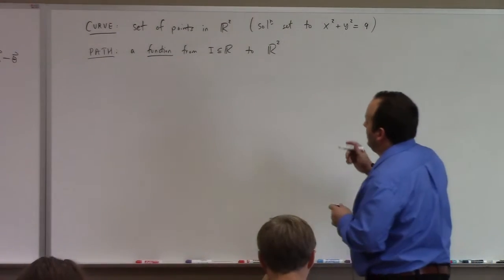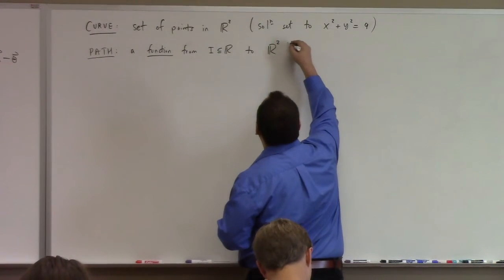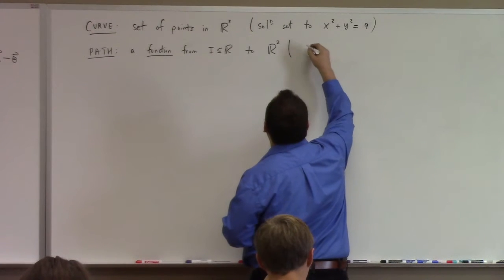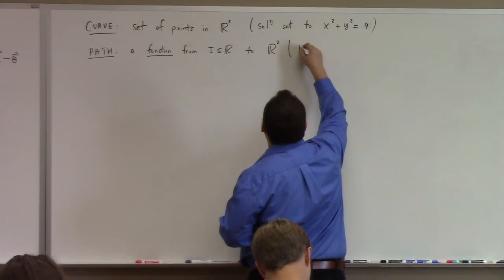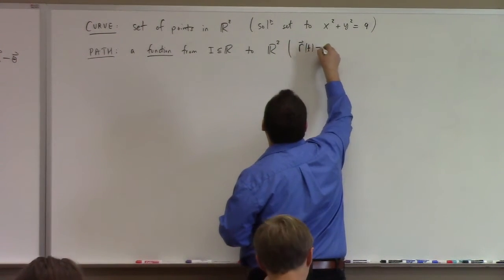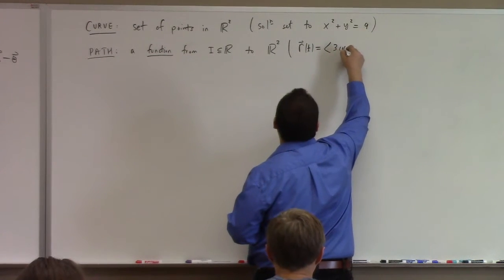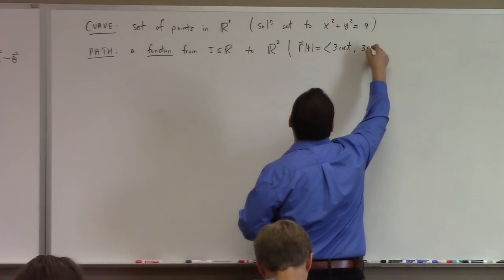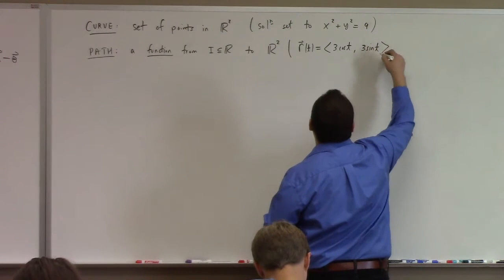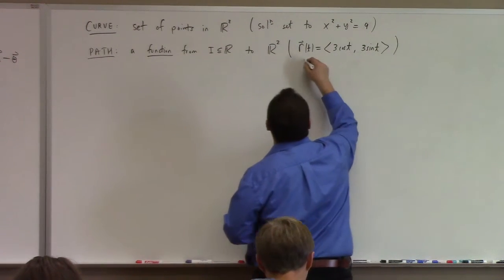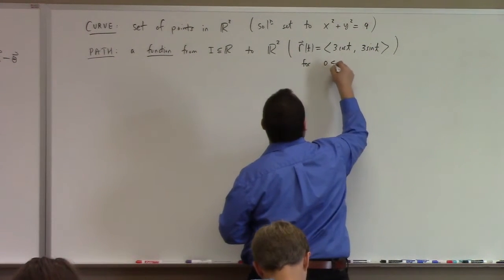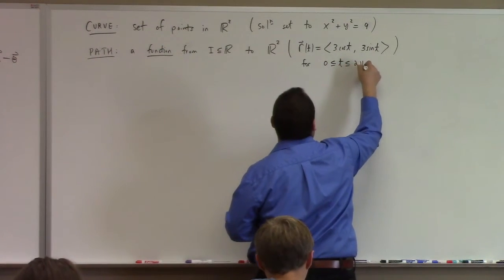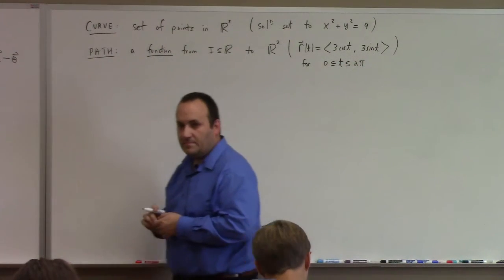A path, on the other hand, is a function, so that would be something like r of t equals (3 cosine t, 3 sine t). This is a path which covers that curve.